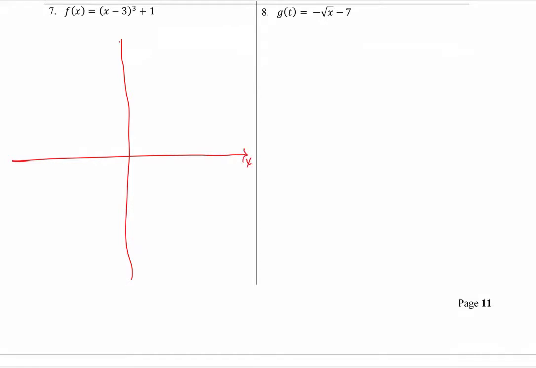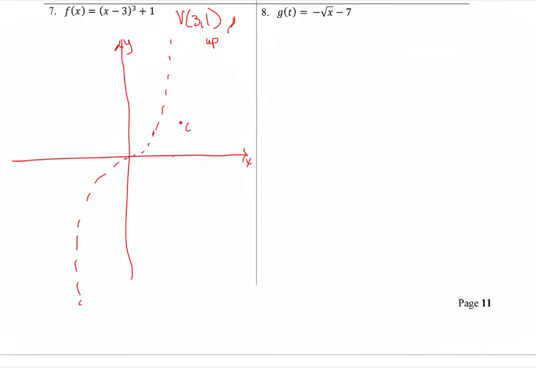So here's x, here's y. My vertex is 3, 1. It opens up and its basic shape is this. So my original should be this. Okay, and I go over to 3 and up 1.